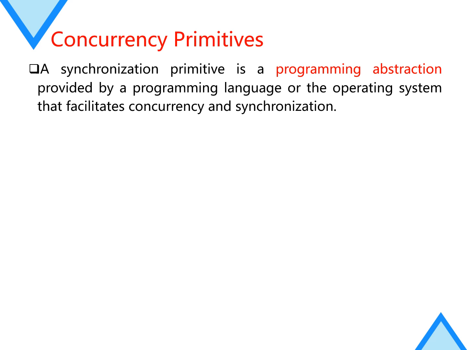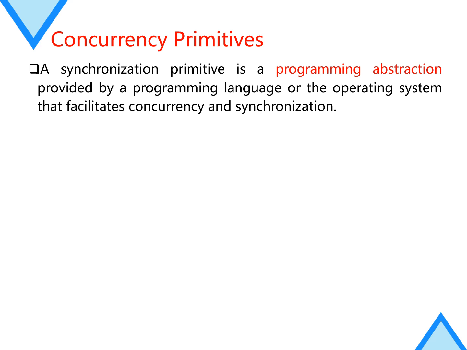It is an abstraction because the users of the system, the people who see the output of the program, will think that all the threads are running simultaneously, but actually the processor is switching between multiple threads. So it is a programming abstraction provided by a programming language or the operating system.